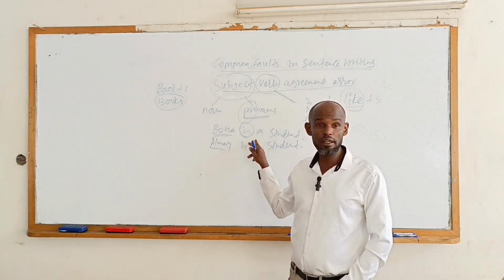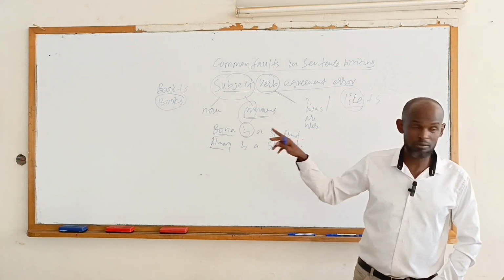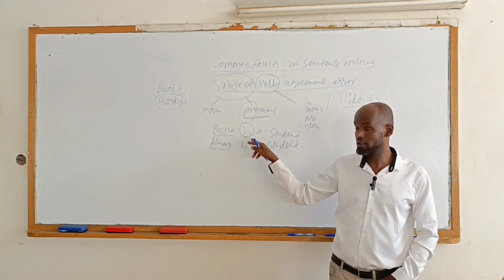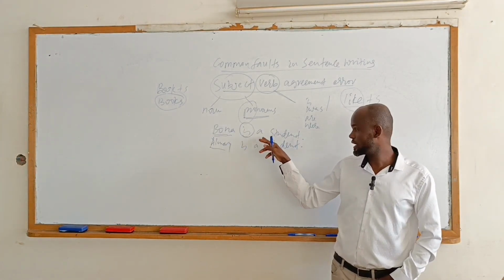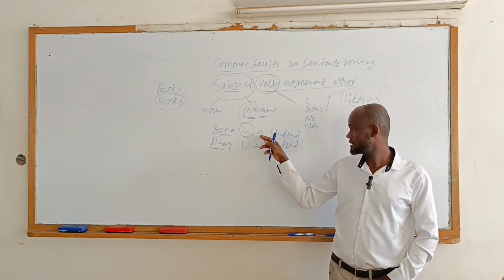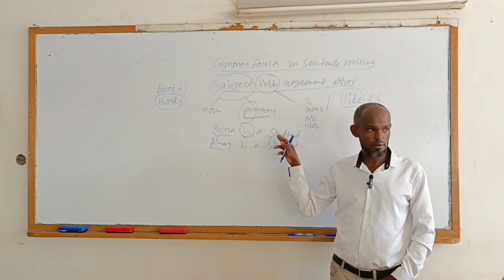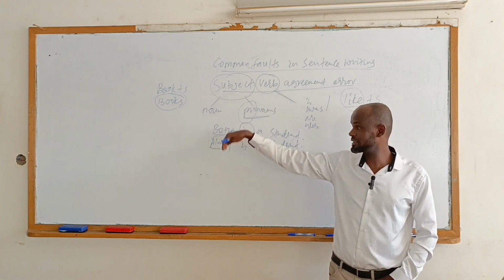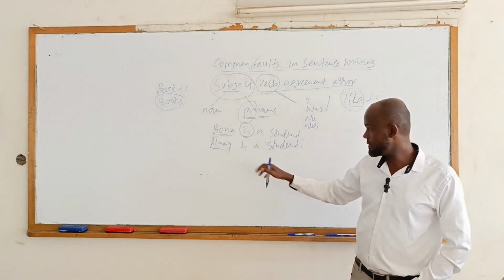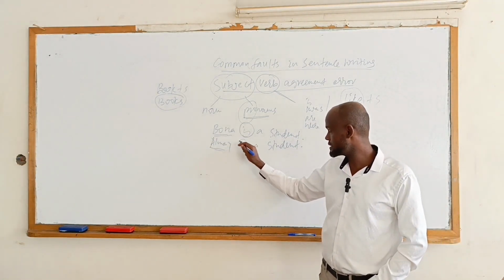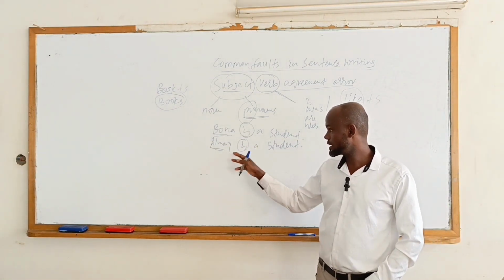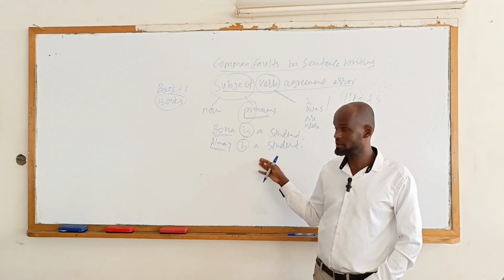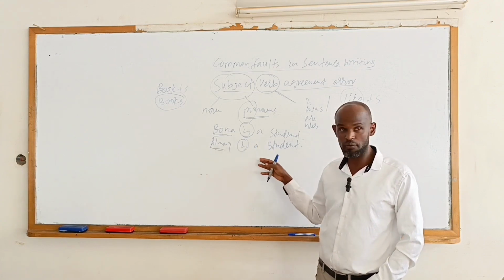Now we are maintaining agreement between subject and verb. Last time I told you that in this sentence, student is a complement. It complements the subject, talking about what the subject is. So Almaz is singular, is is also singular. So we are maintaining the agreement between the subject and the verb.